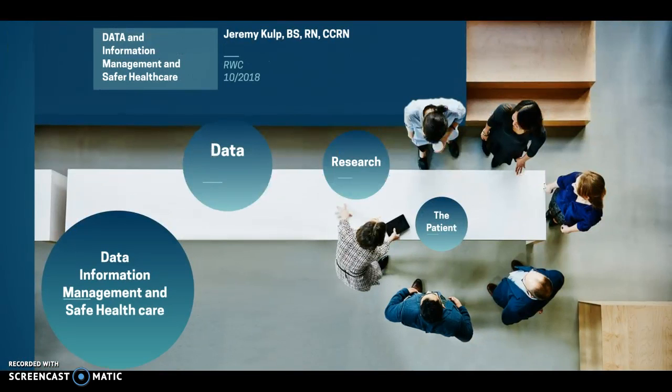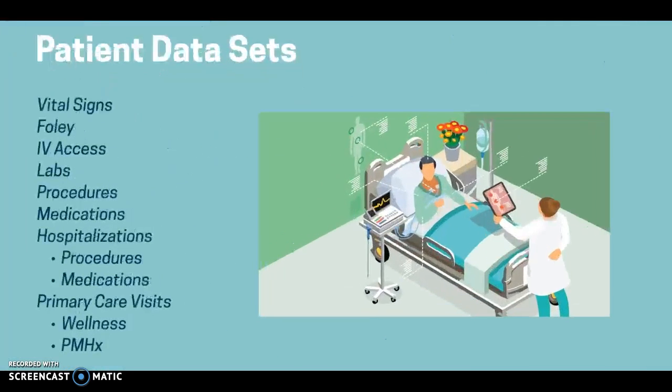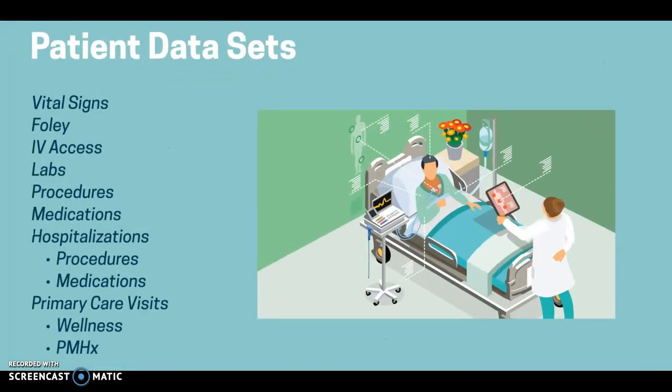So, we've talked briefly about what data, information management and safe healthcare is. Now let's get into the meat of this, the important stuff. So data itself. What data and for who? If we think about it, we're looking at patient data sets, right? So what does a patient data set consist of? Well, it's the vital signs.